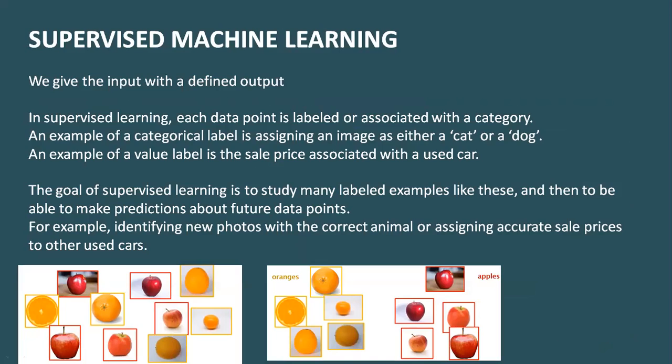We give the input with the defined output. So each data point is a labeled data point. It is associated with a category. Now, we saw in the previous slide, supervised machine learning can be of classification or can be of regression.